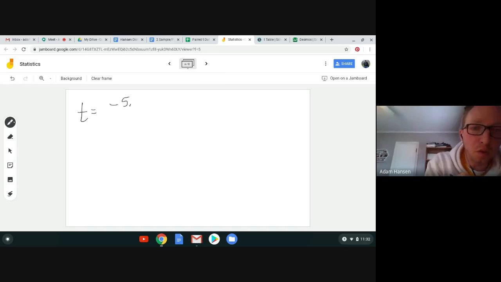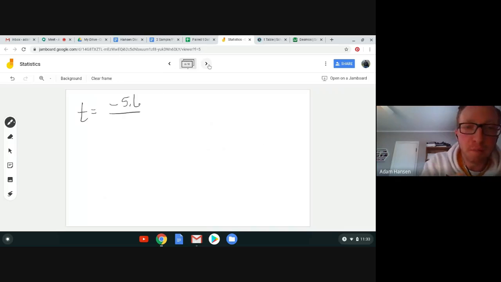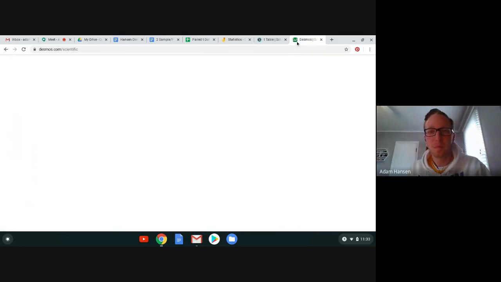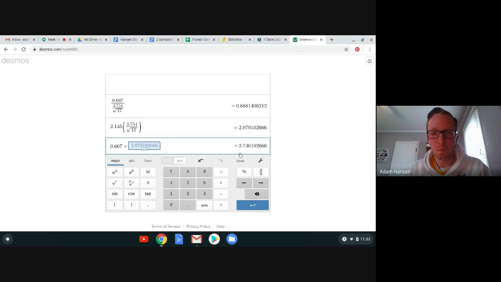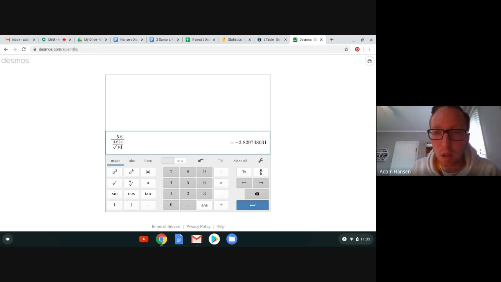All right, our t-score for the sample is negative 5.6 divided by 4.624 over root 10. Gives me negative 3.83 if I round up.